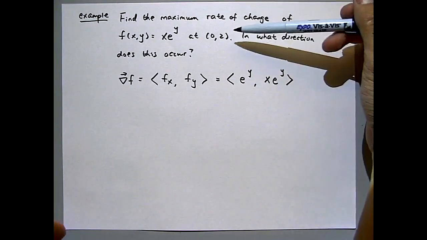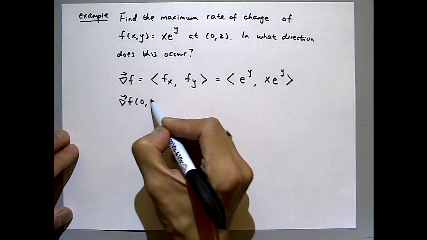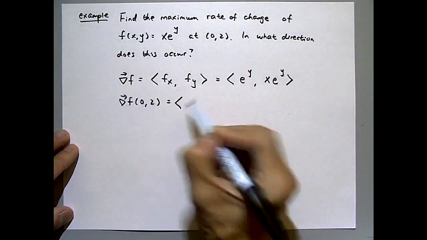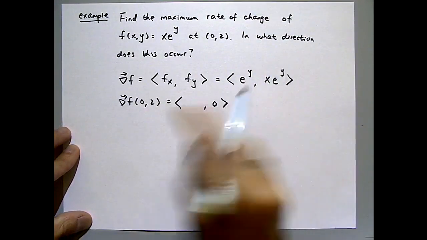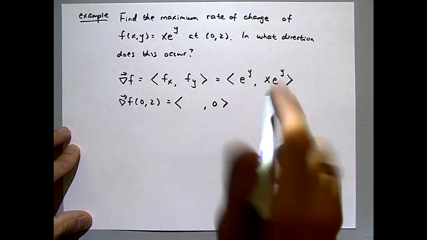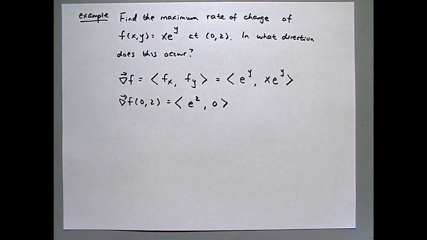Let's find out what's going on at (0, 2). X is 0, so the second component will be a 0. And y is 2, so that's e squared up here. Right?